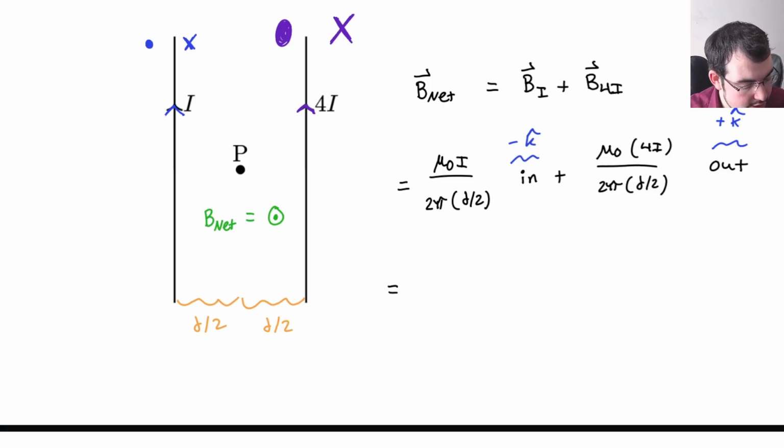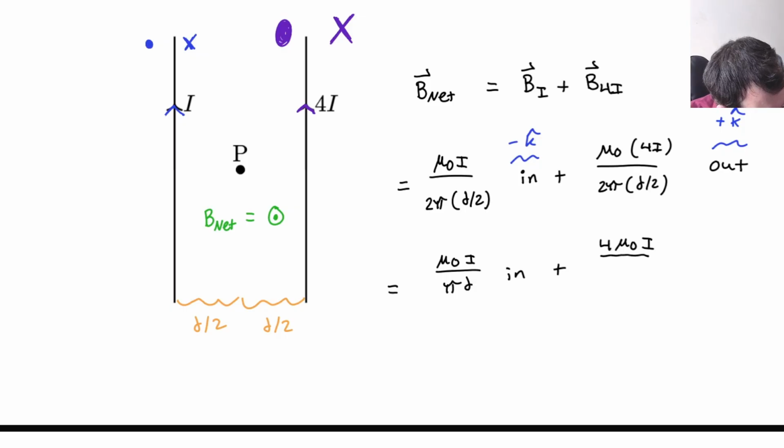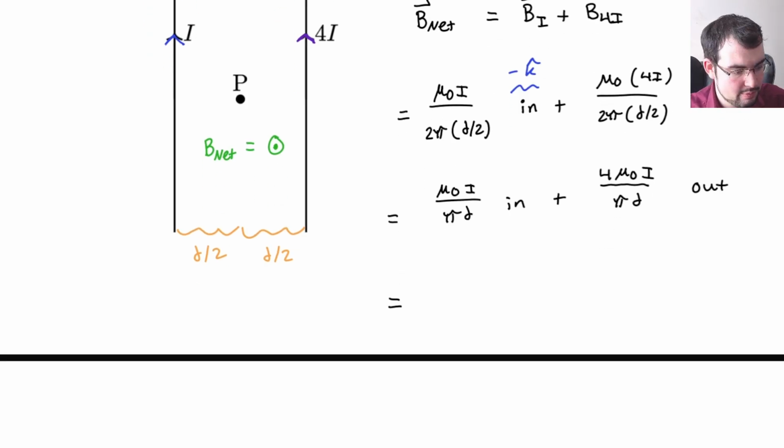So let's see. Divide, that eliminates the pi, and that eliminates the 2 down here. And then same idea. We essentially have 1 copy of this in, and we have 4 copies of it out.